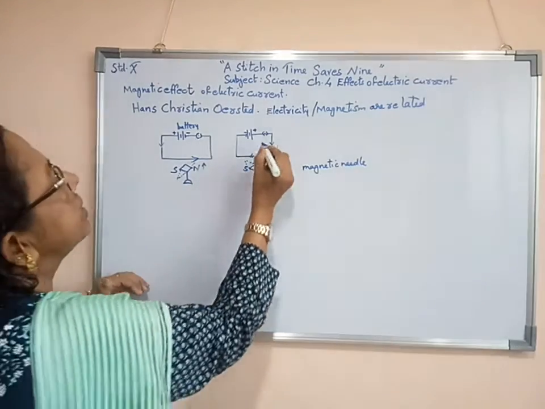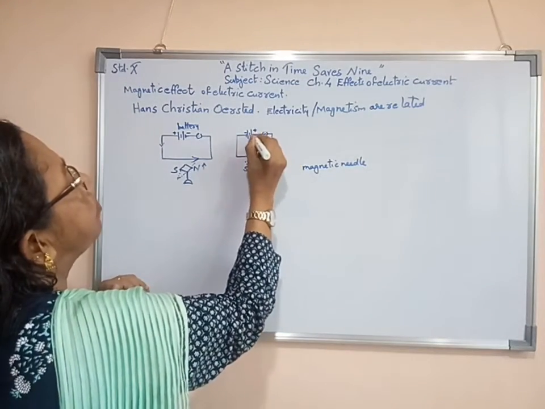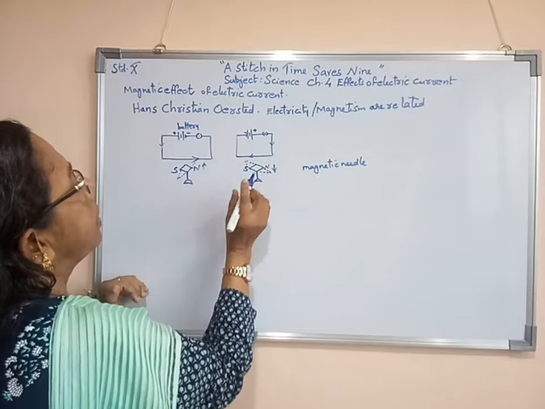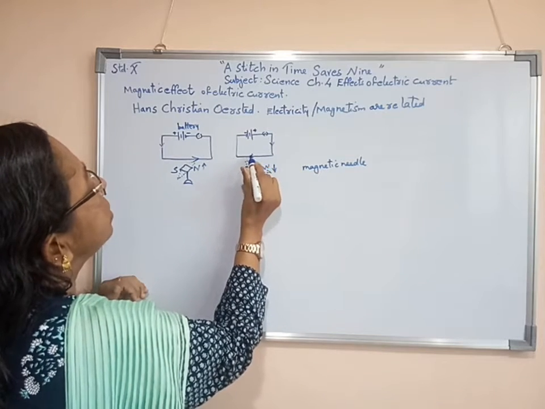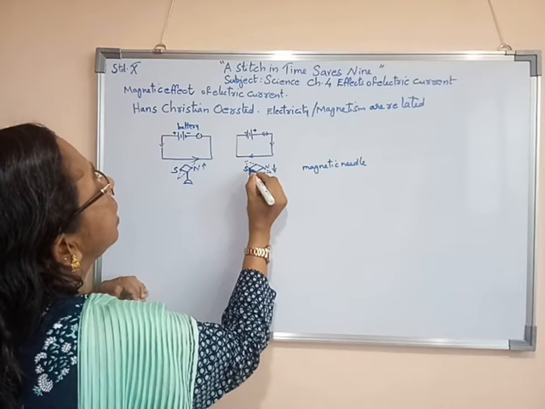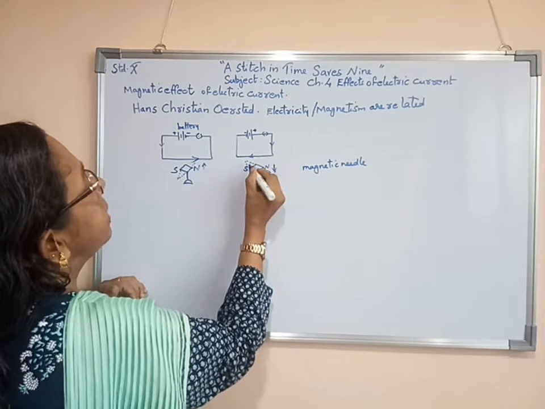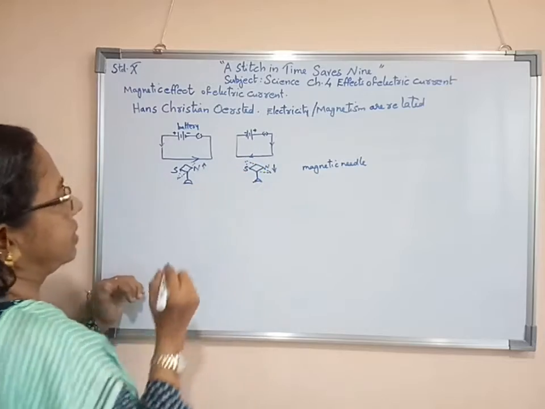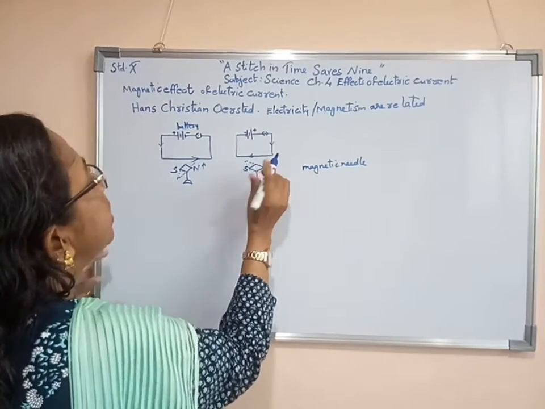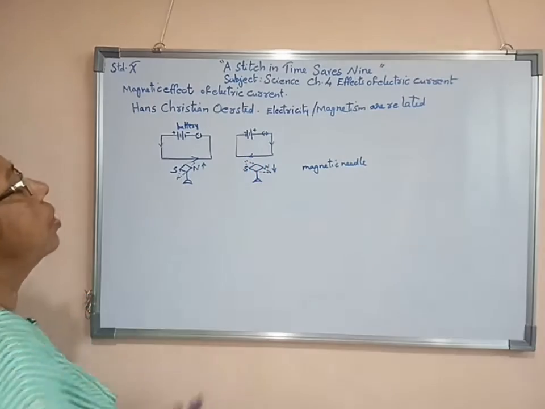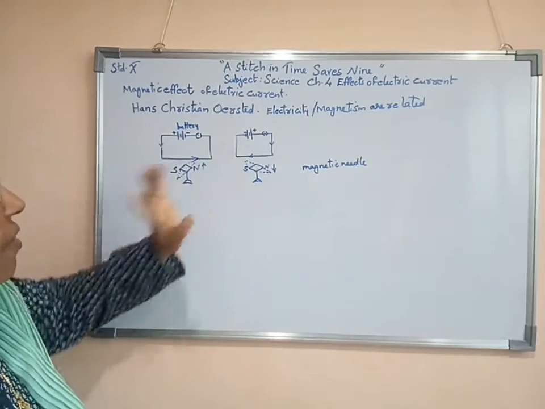In this case, the current flows from the positive terminal to the negative terminal, and the direction of the flow is towards this side. At the same time this south pole deflects. So towards whichever direction the current flows, one pole of the magnet deflects there.